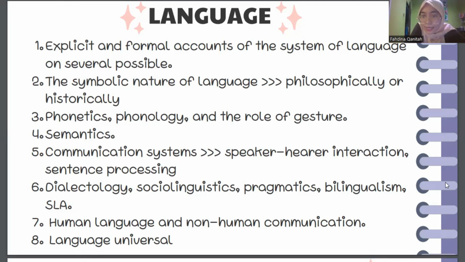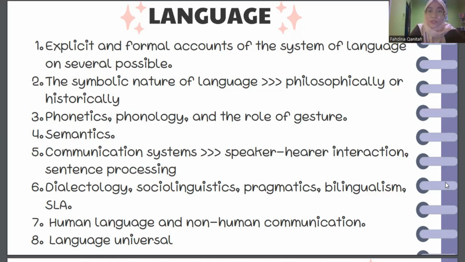It is said that explicit and formal accounts of the system of language are possible. What does it mean? It means we need to equip ourselves with phonological, syntactical, lexical, semantic analysis, those things.